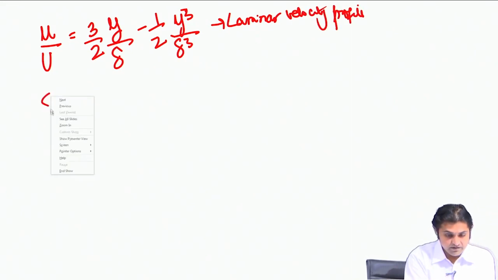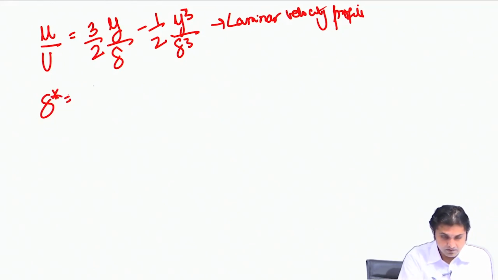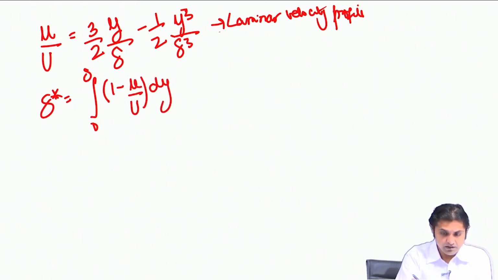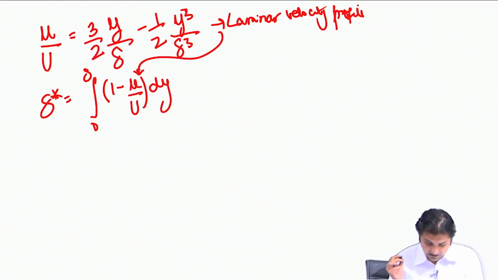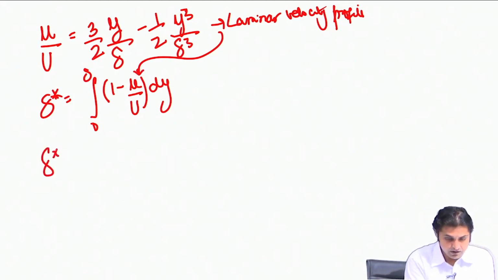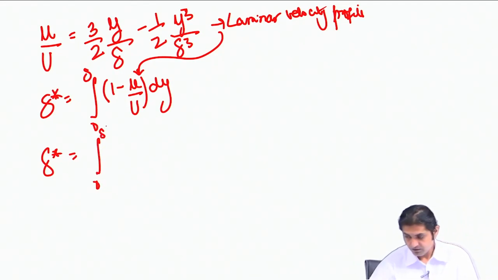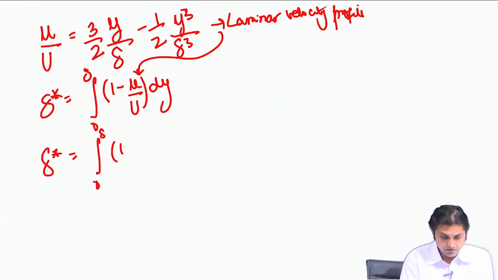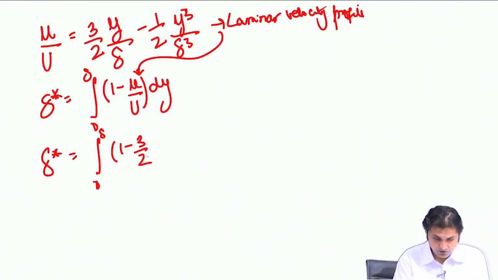Therefore, by definition, the displacement thickness is the integral from 0 to delta of 1 minus u by capital U dy, and we substitute this velocity profile here. We are going to get the integral of 0 to delta of 1 minus 3 by 2 y by delta plus half y cube by delta cube into dy.